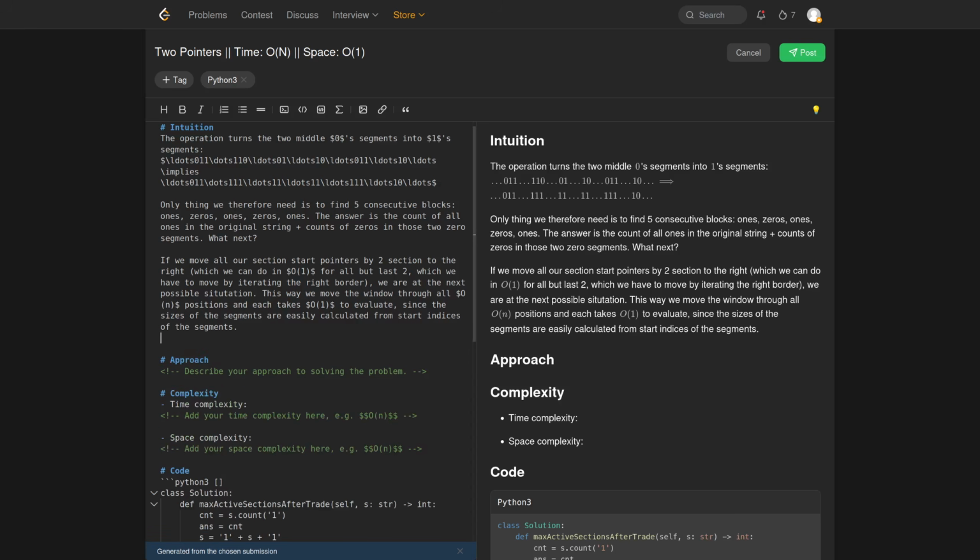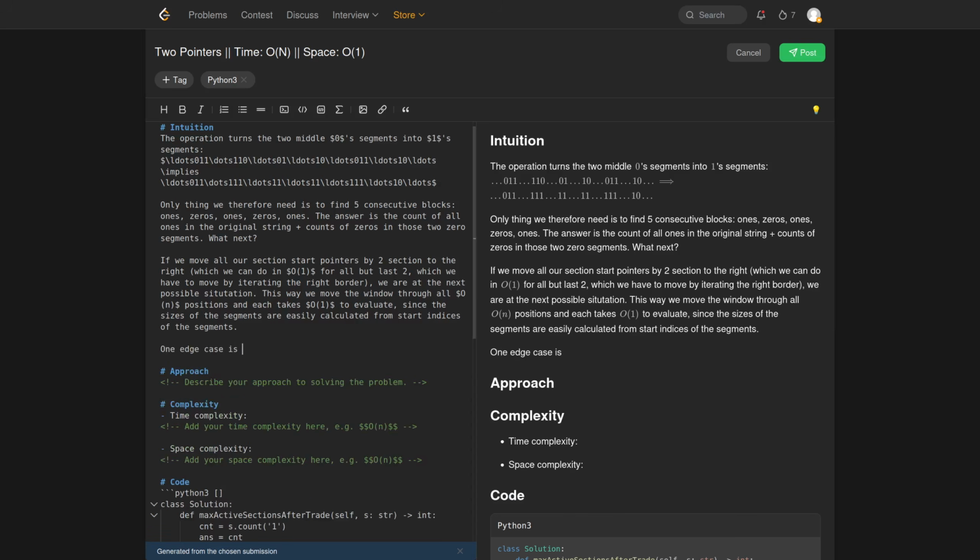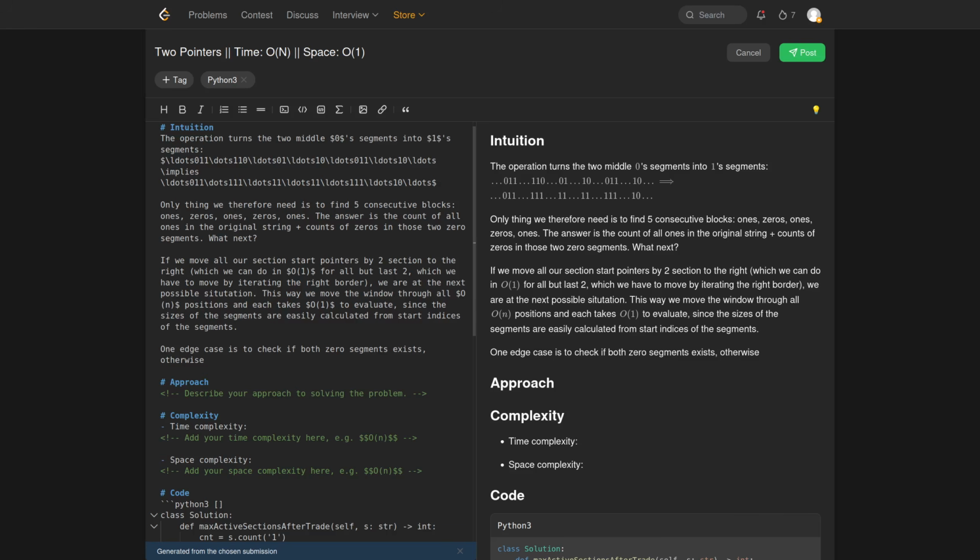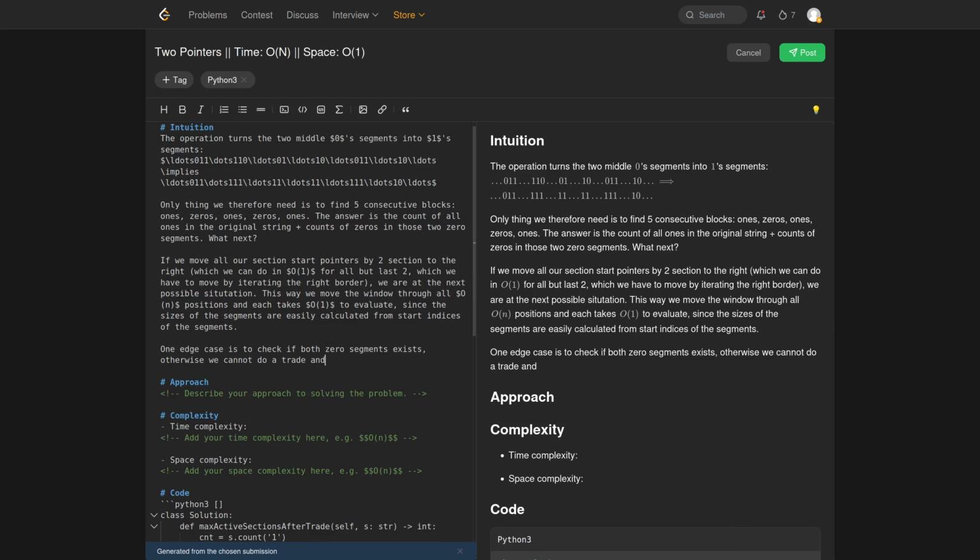Okay, one edge case is to check if both zero segments exist, otherwise we cannot do a trade and we can just finish early.